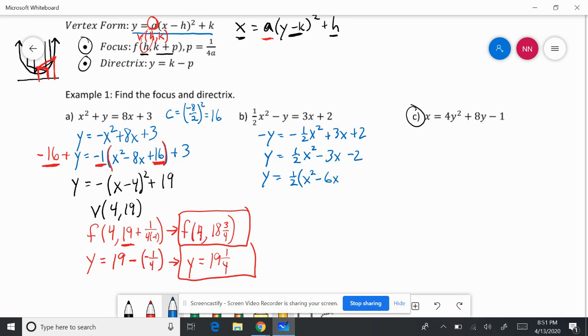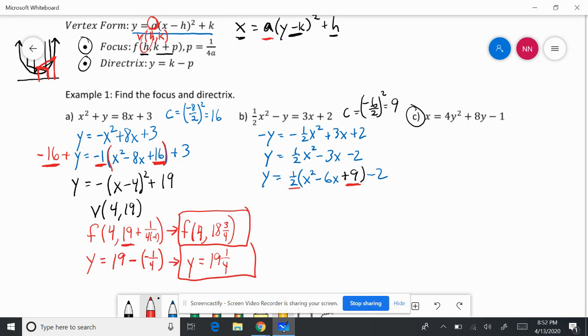And I'm going to find my new c value. My c value is my b value divided by 2, squared. Now remember, because this is a positive 9, I have to add 9 on the other side.